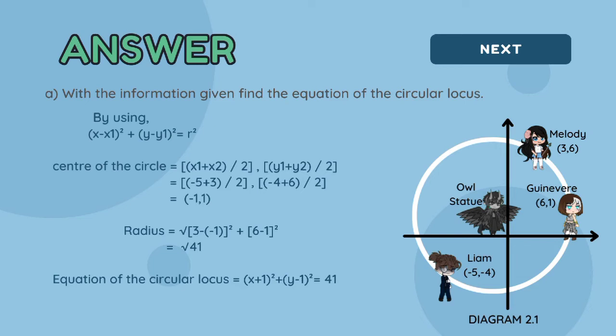Next, we can find the radius of the circle by calculating the length between the center's coordinate and Melody's coordinate. So substitute into the calculation of the radius, so we get root 41. So finally, the final answer for question A, the equation of the circular locus, is x plus 1 squared plus y minus 1 squared equals 41.